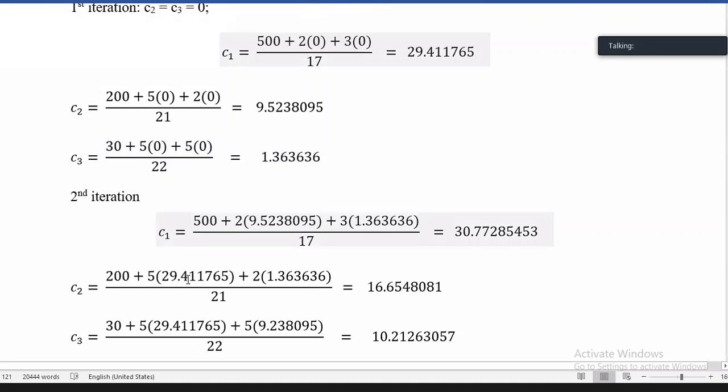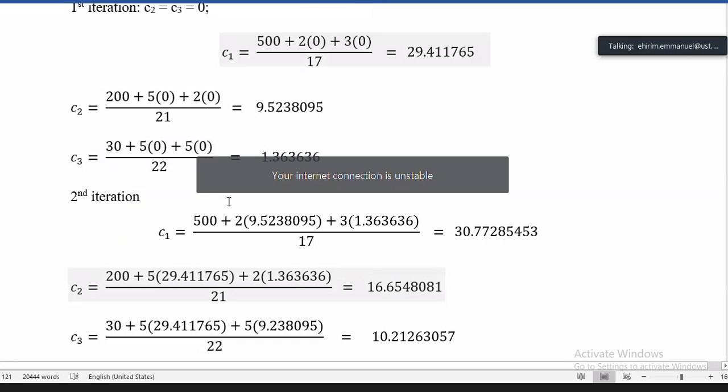We calculate C2, and we did not use any one here with the previous iteration's C3. Put it here, calculate C2. We keep it. We do not substitute immediately. Then we calculate C3 using the previous values of C1 and C2. See, C1, 29.